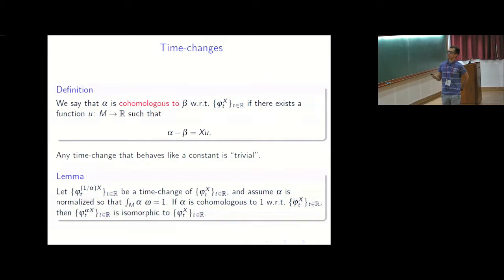We say that two functions are homologous if their difference can be expressed as a derivative along the flow. And it's an easy exercise to see that if your time change is given by a function which is homologous to the constant 1, here I'm taking 1 over alpha to make the statement easier to read, then the two flows are isomorphic.